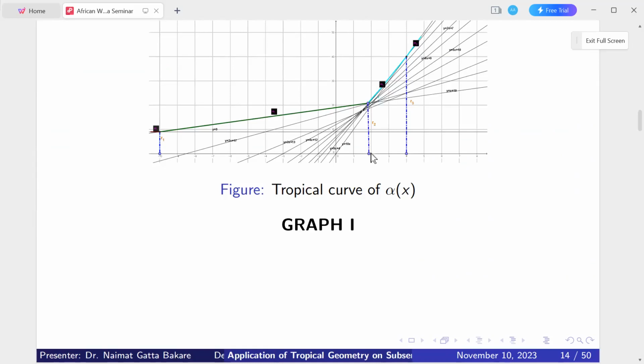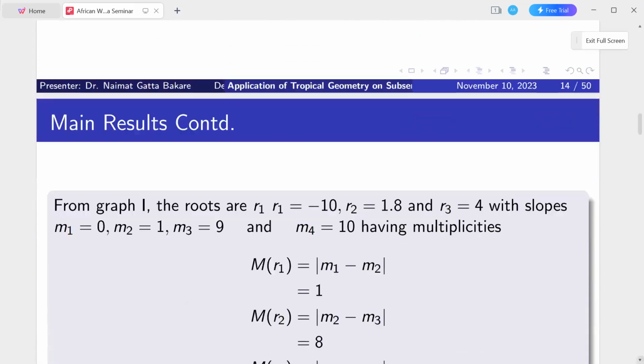So we check for the root 2, we check for the root 3, and that is what gives us the result of R1, R2, and R3, as we see here. So from that graph, we obtain this as our roots.